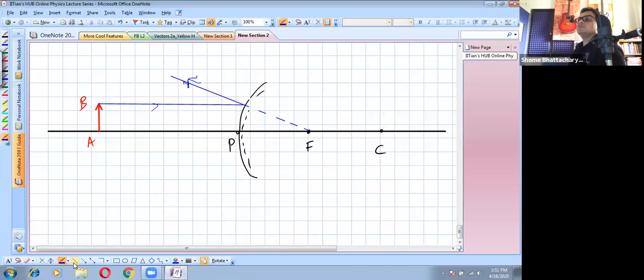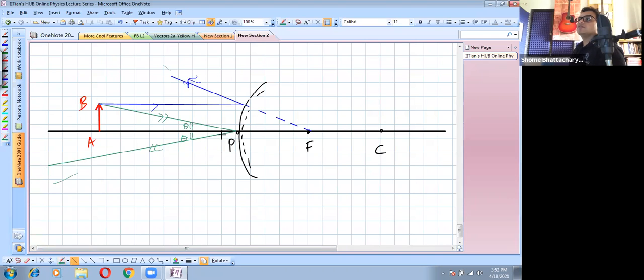Now, just for convenience sake, let me take the second one, which is directly the one incident at the pole. So it will just give me a very convenient way of doing the image construction. So this will, after reflection, have to be such that angle of incidence is equal to angle of reflection. So this angle theta should be equal to this angle theta. Now, as you can see, immediately you're getting divergent rays. The 2 reflected rays that you're getting, this blue colored one going back like this, and this green colored one going like this, they are divergent. So they appear to come from a point behind.